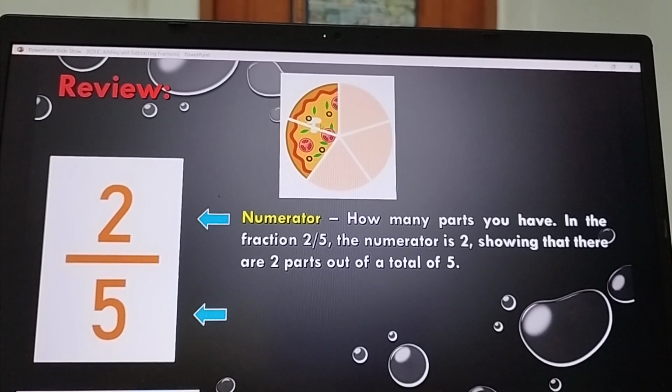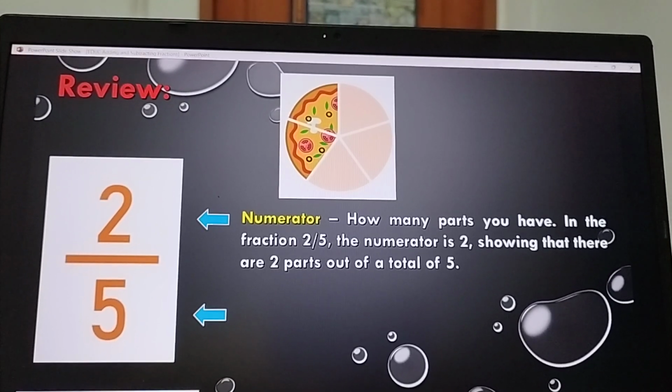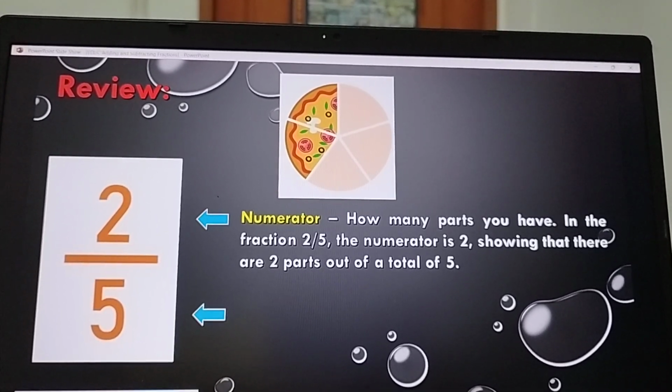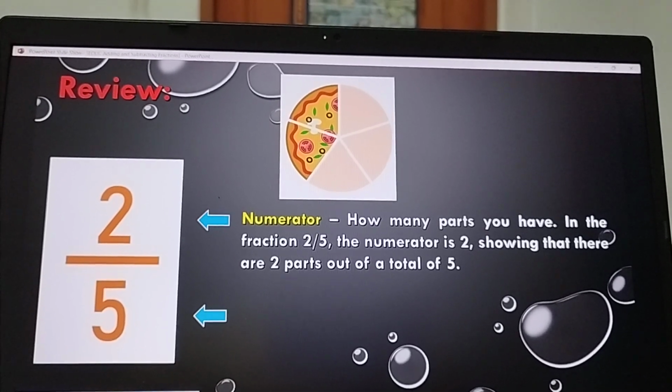So meaning you only have 2 out of 5 slices of the pizza. So you have 2/5. So the top number is called the numerator. Again, how many parts do you have? I have 2 slices of the pizza left. So the numerator is 2.